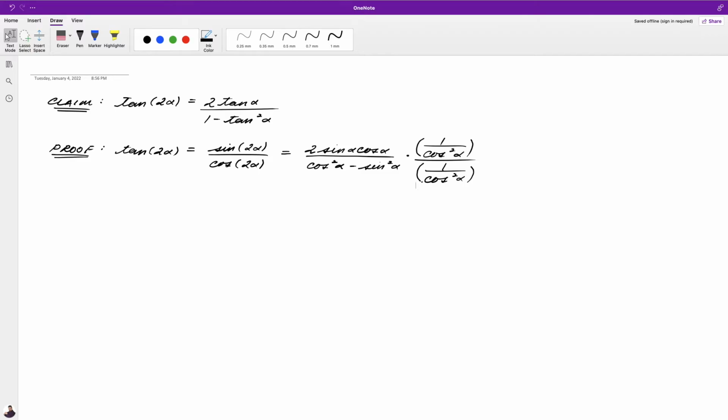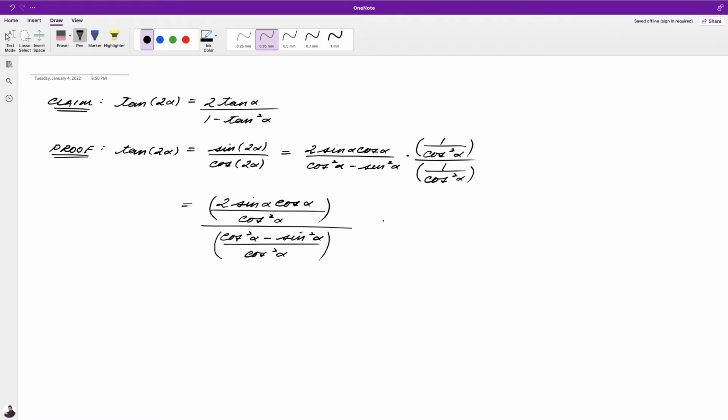That's going to give us 2 sine alpha cosine alpha all over cosine squared alpha, all of that over cosine squared alpha minus sine squared alpha divided by cosine squared alpha. So we're going to have that complex fraction there.